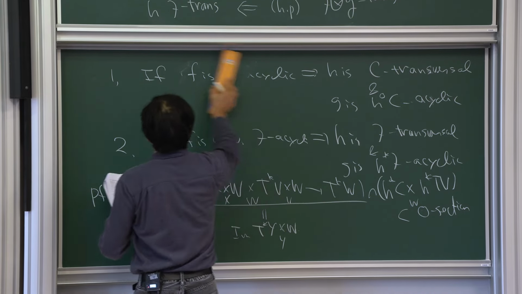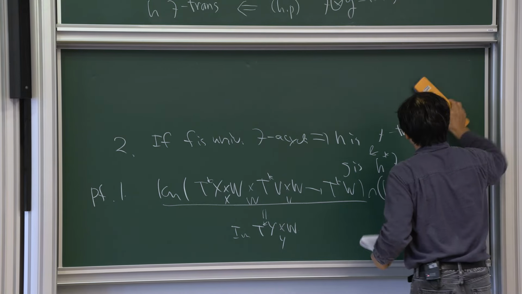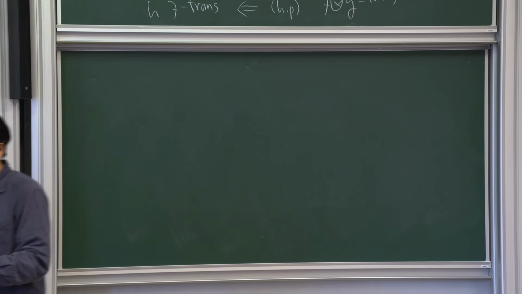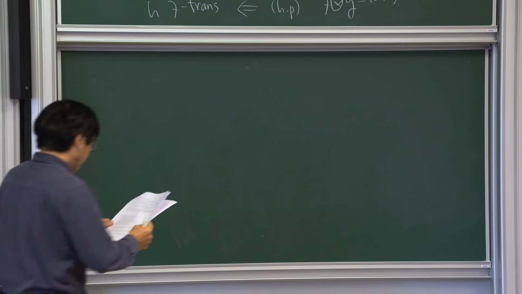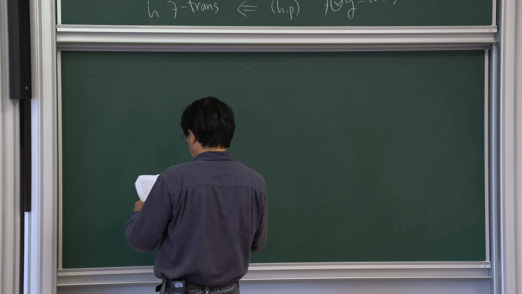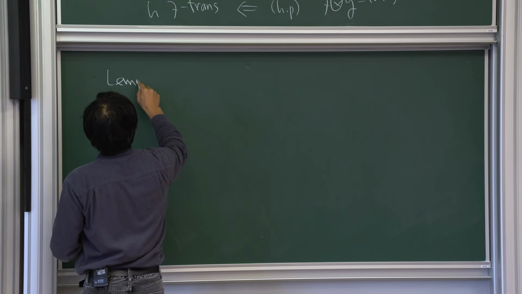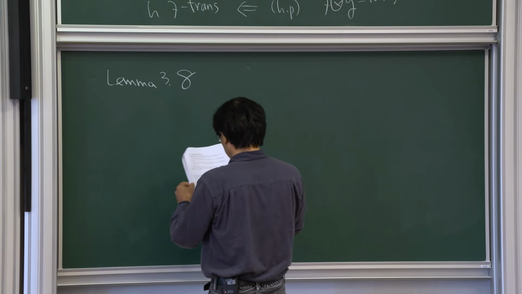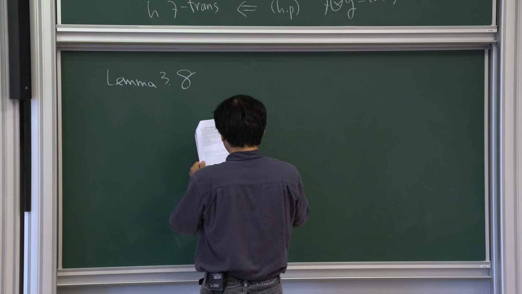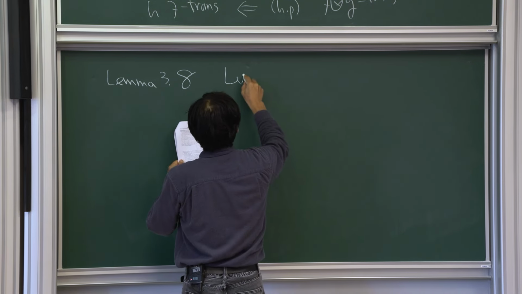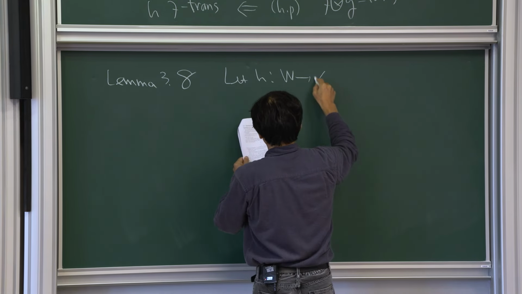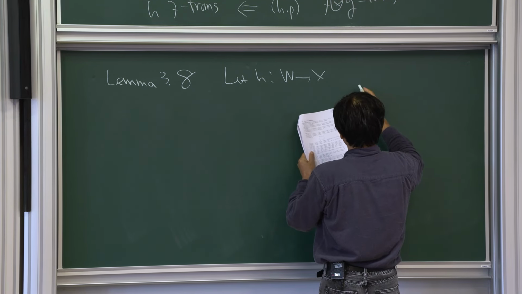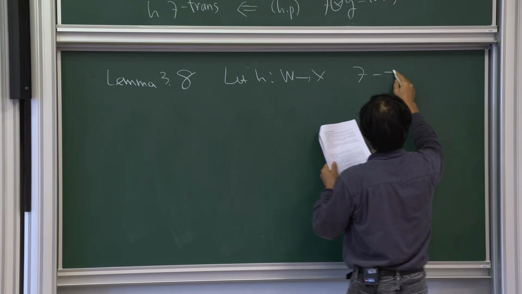So that is the following lemma. Sorry, lemma 3.7 is missing. So let H be a smooth motion, and assume that this is F transversal.